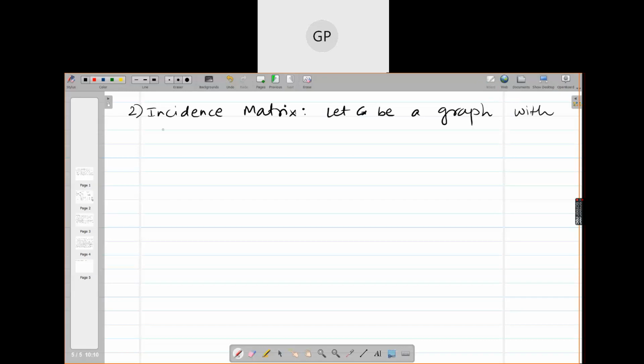Let G be a graph with n vertices, V1, V2 up to Vn, and q edges, E1, E2 up to Eq.